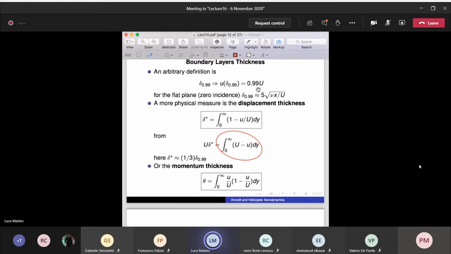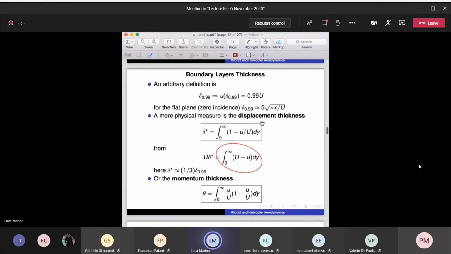Otherwise, you have to define 0.99, 0.998, or for example, 0.9, and that's all. But it's something that is not related to the physical behavior of the flow. Okay, so the three definitions are important, you have to remember, okay?